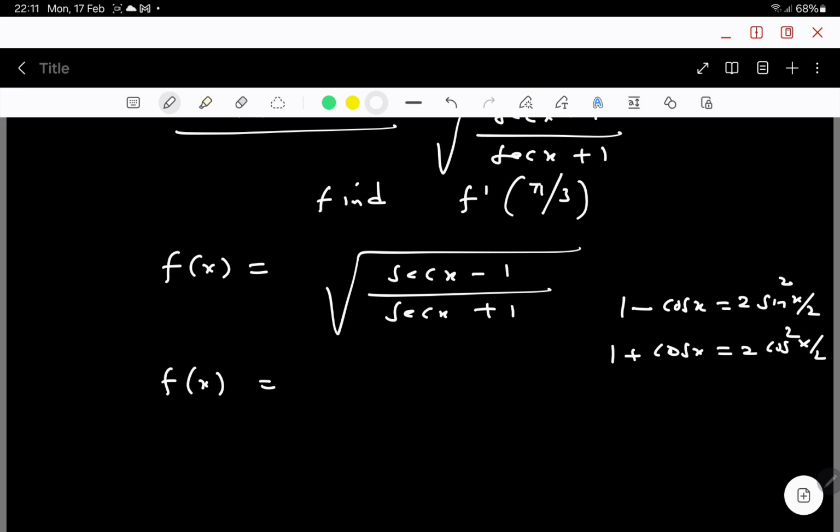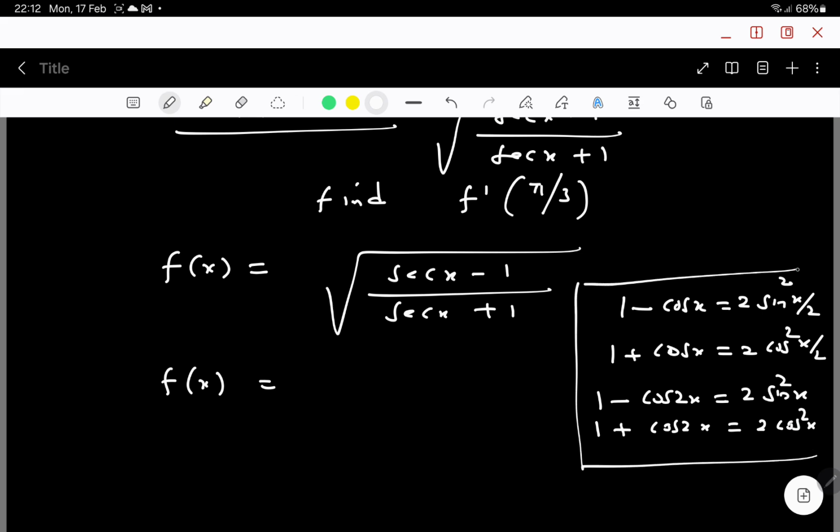If it is 1 minus cos 2x, we write 2 sin square x. 1 minus cos 2x is 2 sin square x. 1 plus cos 2x is 2 cos square x. These are the formulas.